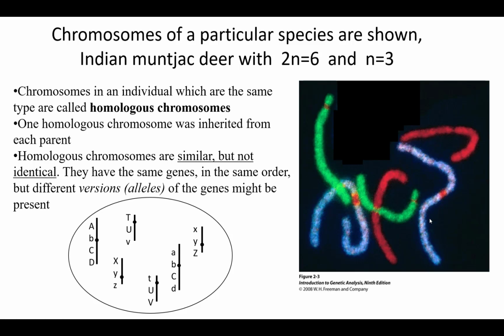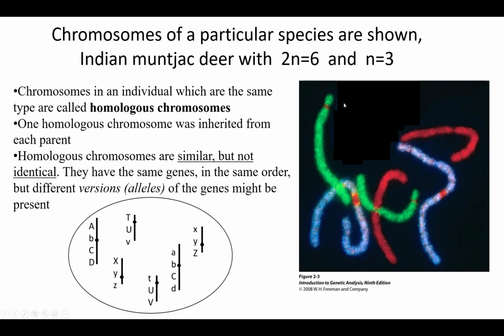Homologous chromosomes are similar to each other, but they are not identical to each other. They are similar in a number of ways. So they are the same size, roughly the same number of bases of DNA. They have the same genes on them. And those genes are found in the same order between these 2 chromosomes.